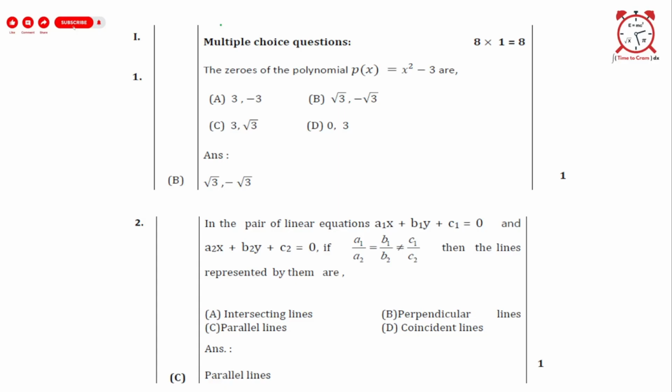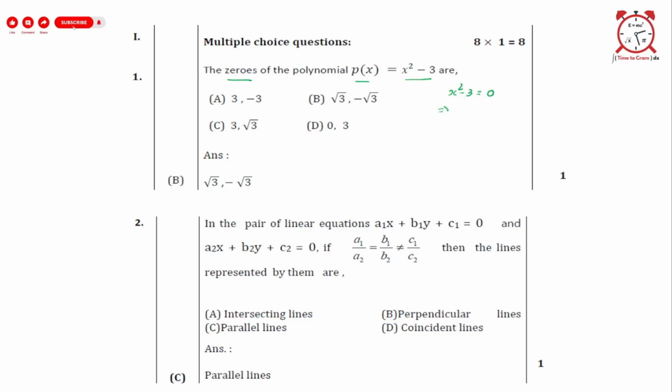We will start with the question number 1, multiple choice questions. First question is, the zeros of the polynomial p(x) equal to x square minus 3 are dash. So here, how will we find the zeros of the polynomial? We will write polynomial x square minus 3 equal to 0.